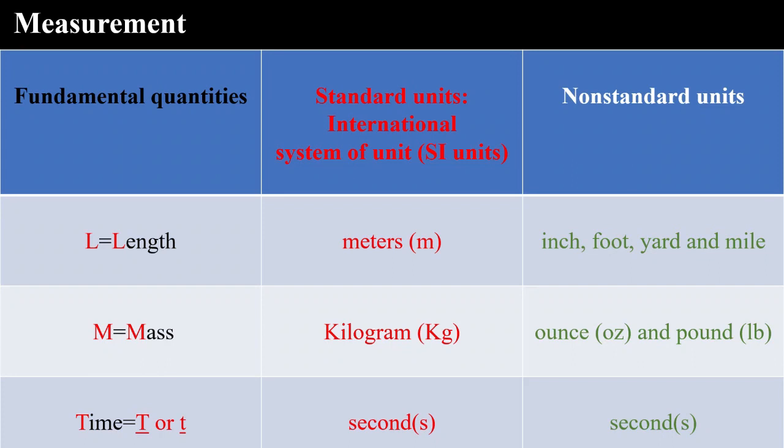So we have different units. We have the standard units, as I just mentioned, which is called the international system of units, SI unit, and also we have non-standard units, right?